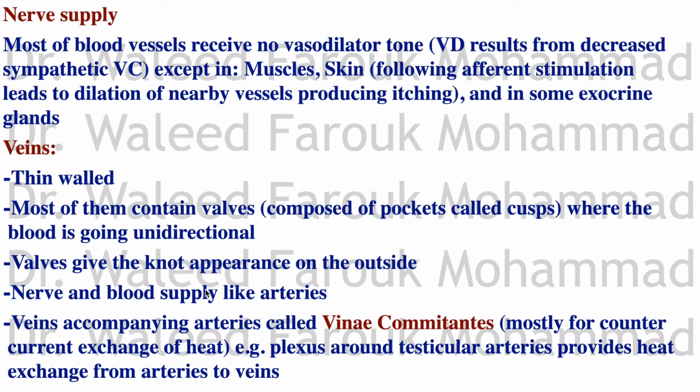Veins accompanying arteries are called venae comitantes. You will find this in the limbs more because you need the counter-current exchange of heat. For example, we have a famous plexus around testicular arteries, which provides heat exchange from arteries to veins.